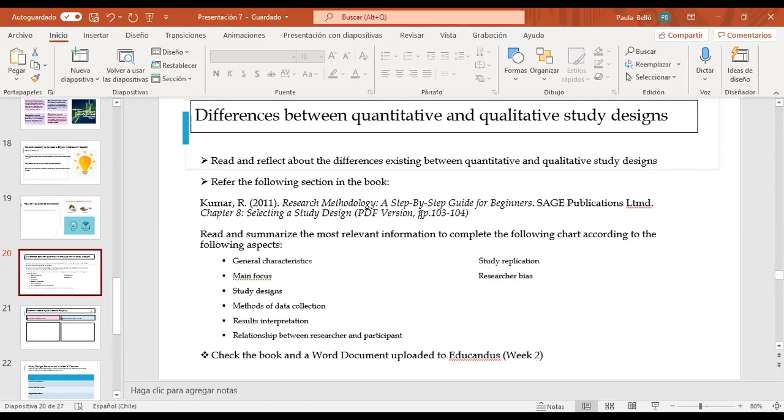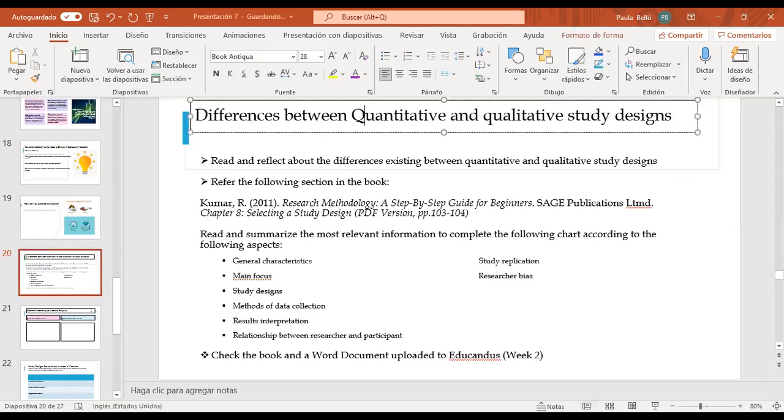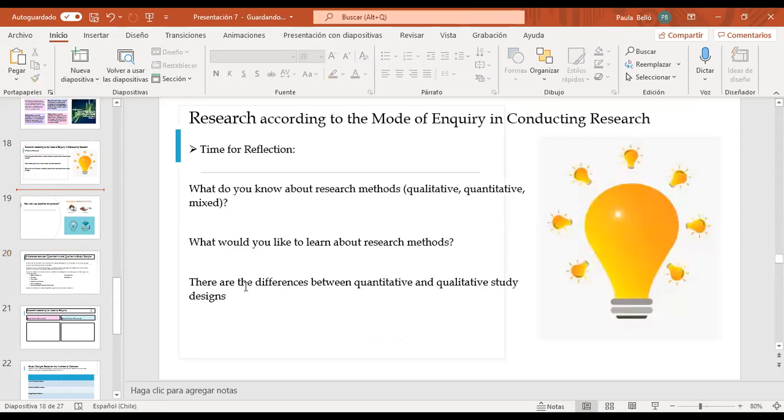Okay, so in these 2 pages, you're going to find a discussion of differences between quantitative and qualitative study designs. Your task is to read, discuss with your groups, and be able to find these aspects: general characteristics of each, main focus. We were talking about the focus. Remember, always bring light, focus.